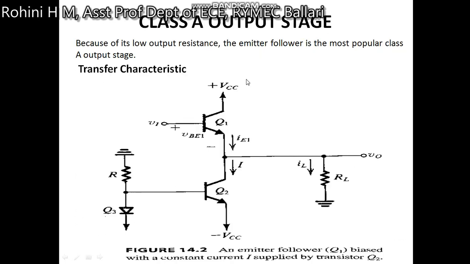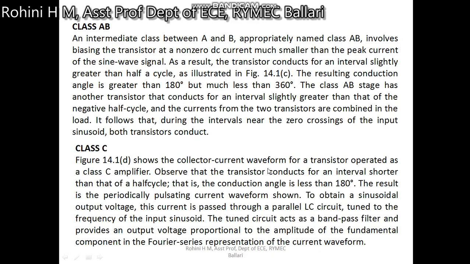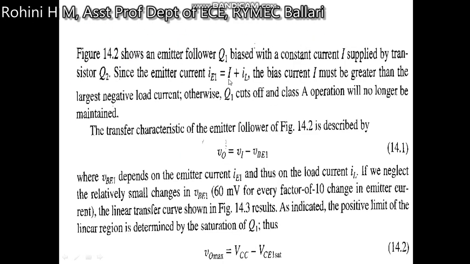So here, emitter current IE1 is equal to what? The current entering this node is IE1. From this node there are two lines leaving, that is I and this current IL. So we write IE1 as I plus IL.